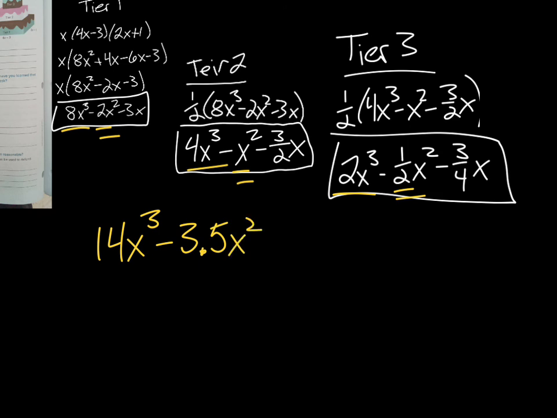And then finally, 5 and a quarter x. Right, because negative 3 minus 1.5 is negative 4.5, minus another 0.75. Is that okay?